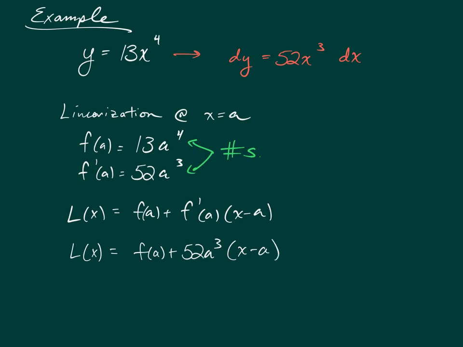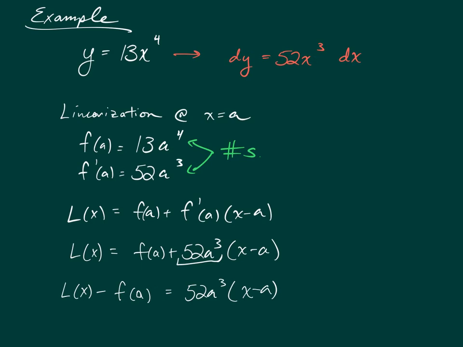Now in this current form, I only substituted in this derivative here so that I could come back up here to this and get some explanation happening. So one last step here is that you want the linearization to have the f of a subtracted from it, 52a cubed times x minus a.